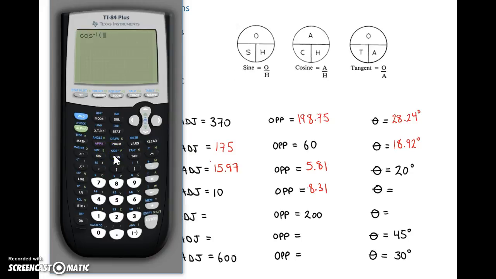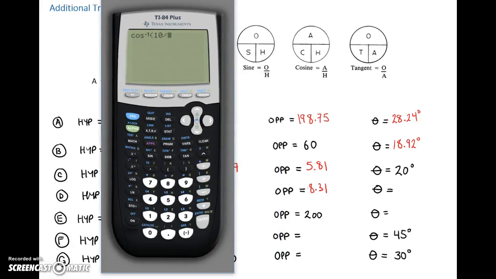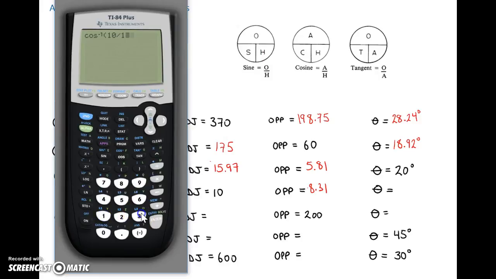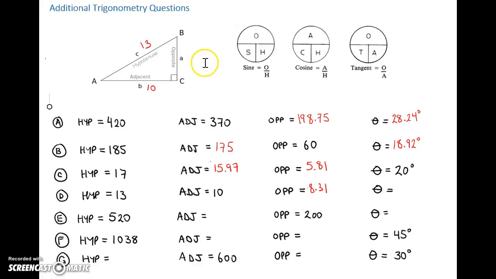So the inverse cos of the adjacent, which is 10, divided by our hypotenuse, which is 13, gives us an angle of 31.715, so we'll take 31.72 because this is 5. So 5 and above, we round up.